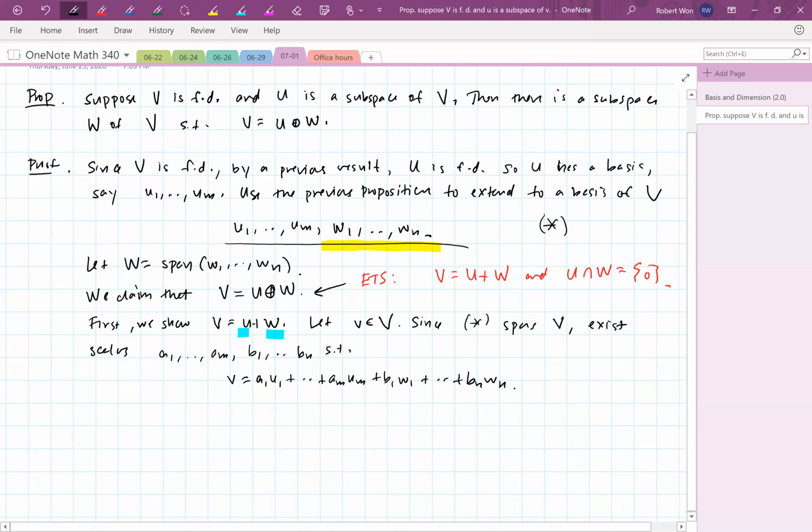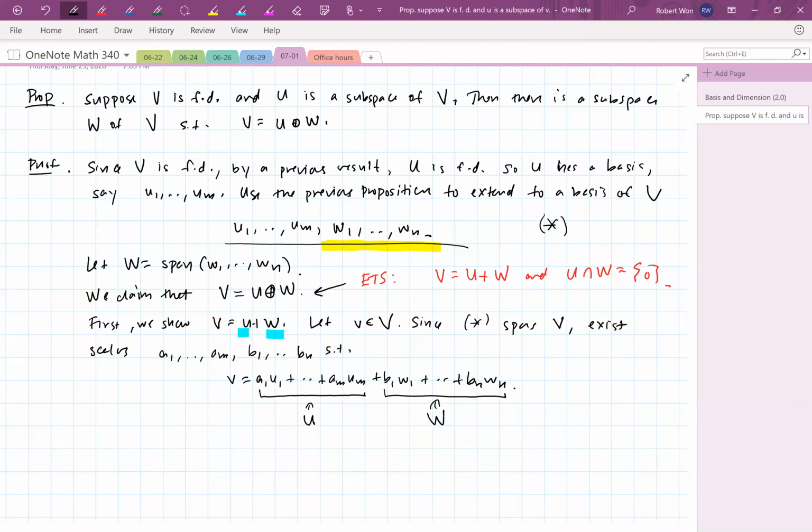Every vector in V you can write as a linear combination of these things. But now, since U is a subspace, it's closed under linear combinations, so this vector is in U. Similarly, this vector is in W, which means that V is definitely the sum of U and W. So this implies that V is equal to U plus W.